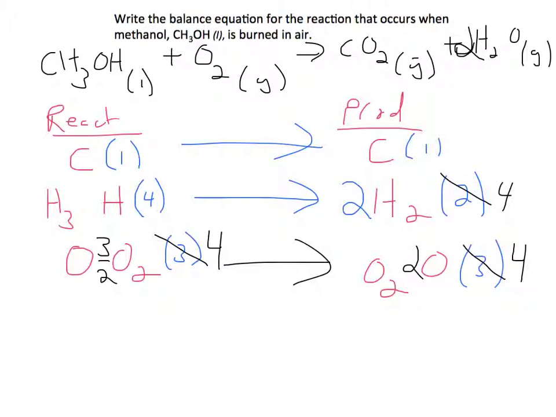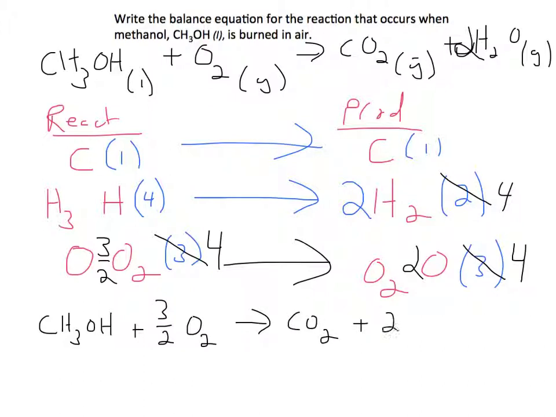Okay, so at that point we have CH3OH plus 3 halves oxygen, which gives us CO2 plus 2H2O. But you notice that we still have this 3 halves.